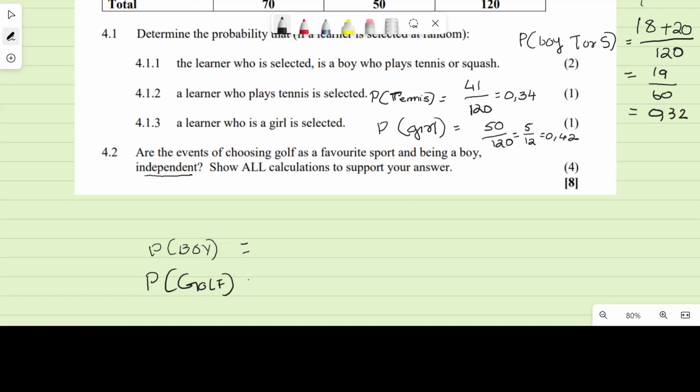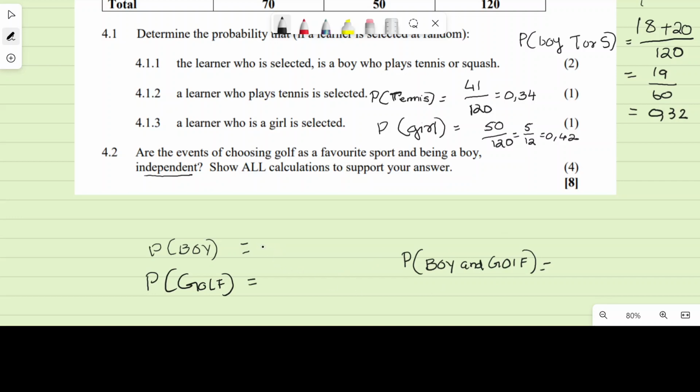So we have to first find the probability of these two. Then we are going to check the probability of being a boy and playing golf. So in the place of A and B, here we have being a boy and playing golf. So we must find these three to check whether they satisfy that equation.